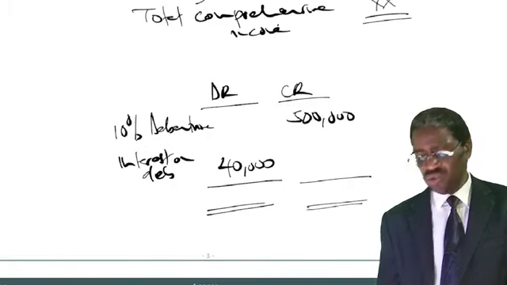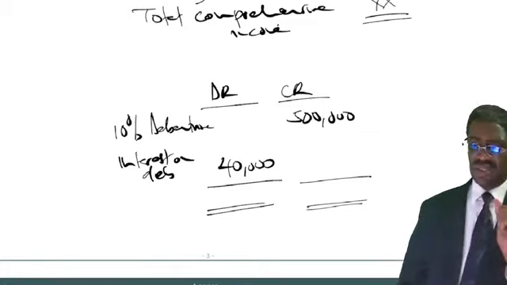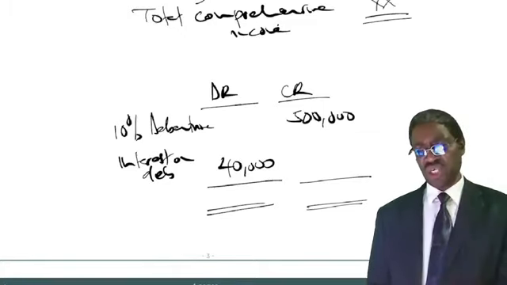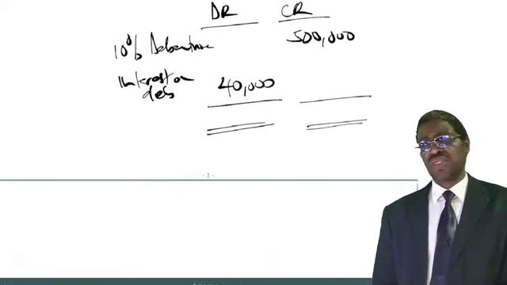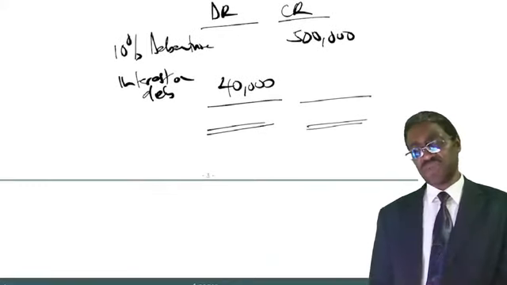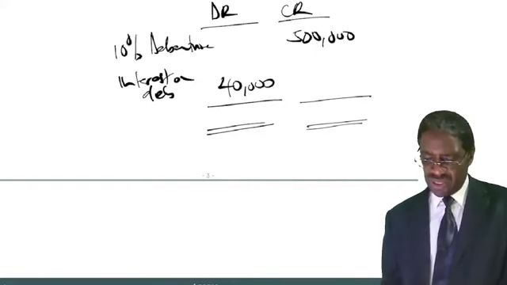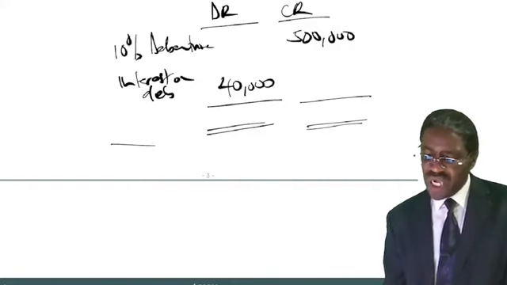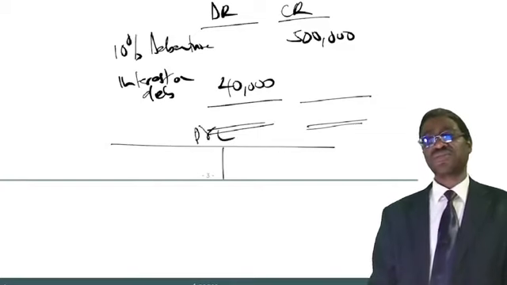My question to you is this. When you are given a trial balance of this nature, and the examiner tells you to prepare an income statement or prepare profit and loss, how much were you charging in the P&L as interest?